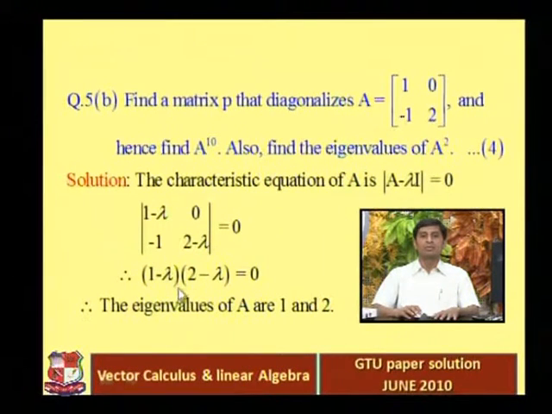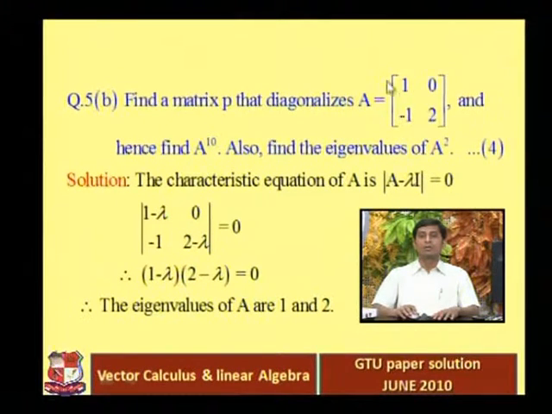That is equal to 0. So (1 minus lambda) into (2 minus lambda) minus 0 into minus 1 is equal to 0, so (1 minus lambda)(2 minus lambda) equal to 0. That's why the eigenvalues of A are 1 and 2. Directly you can also say the eigenvalues are 1 and 2, because I already told you that the given matrix is a lower triangular matrix.